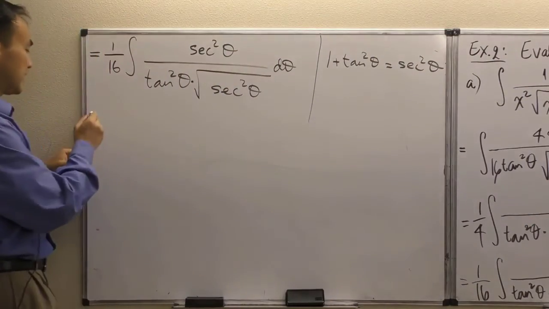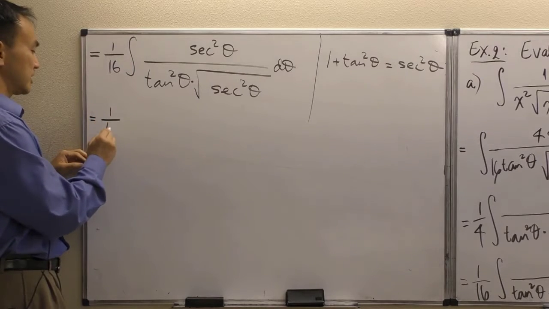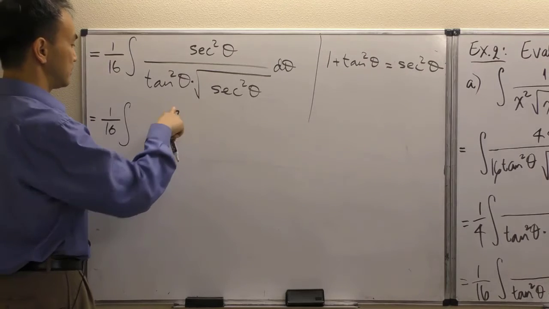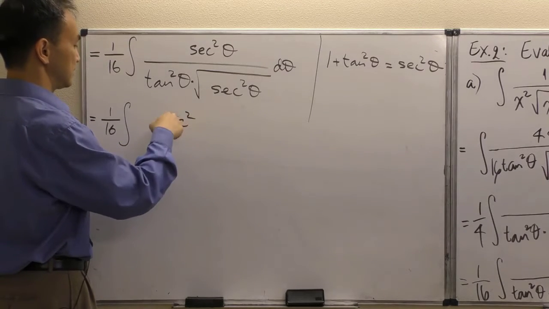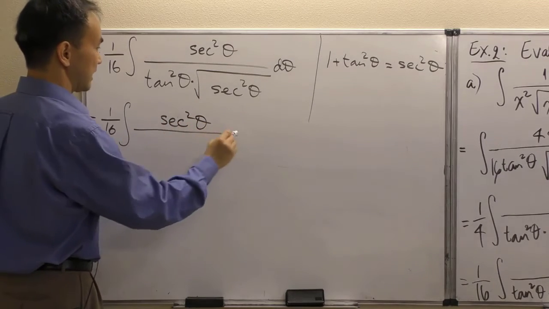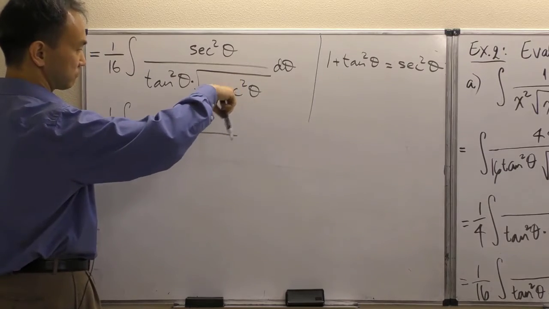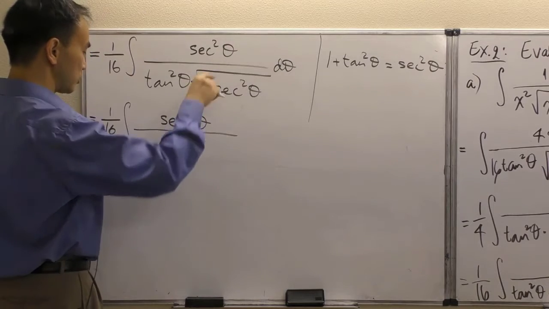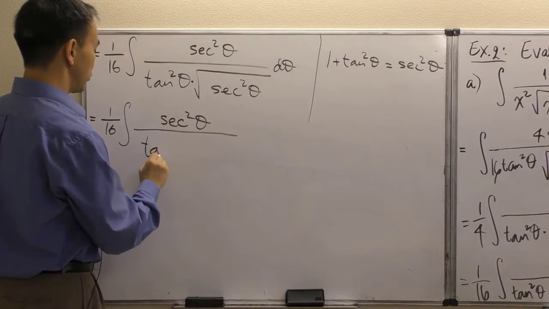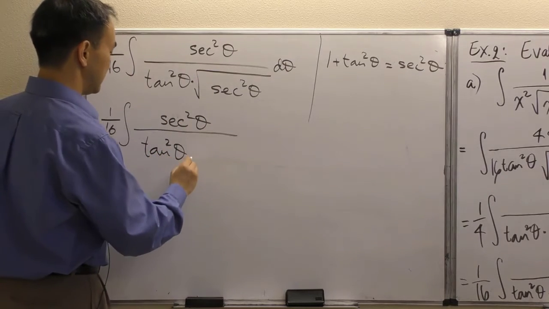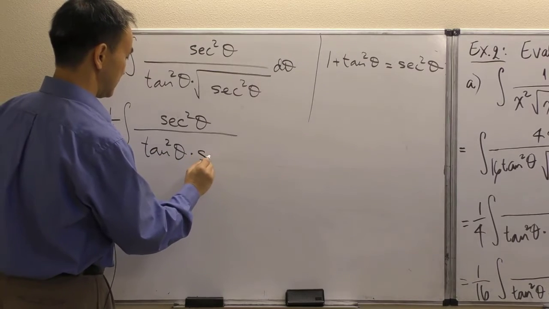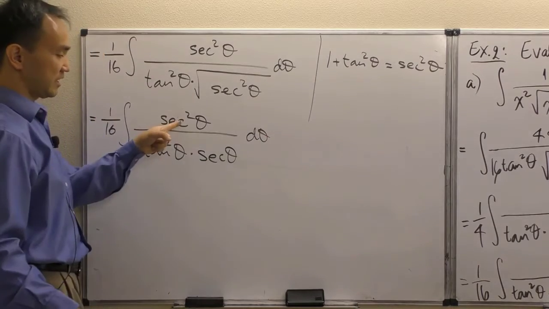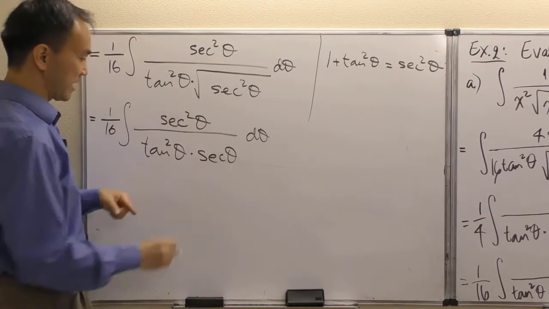So in my next step, again, there's a 1/16 as an integral. Now we have secant square of theta, and I'm dividing that by tangent square, times secant of theta, d theta, after reducing the secant square with the square root.